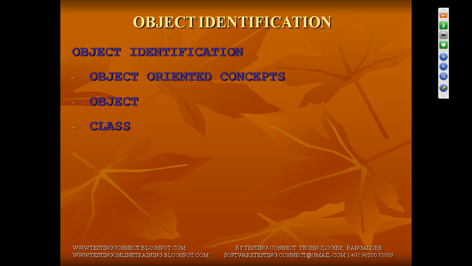If your course is testing, you belong to the testing class. If your course is Java, you belong to the Java class. If your course is .NET, you belong to the .NET class. Each and every student in the training institute should belong to some class. So how can you define class? As a group of objects with similar properties.